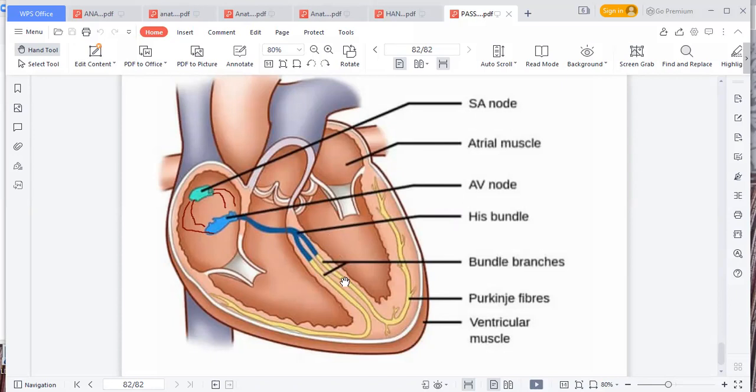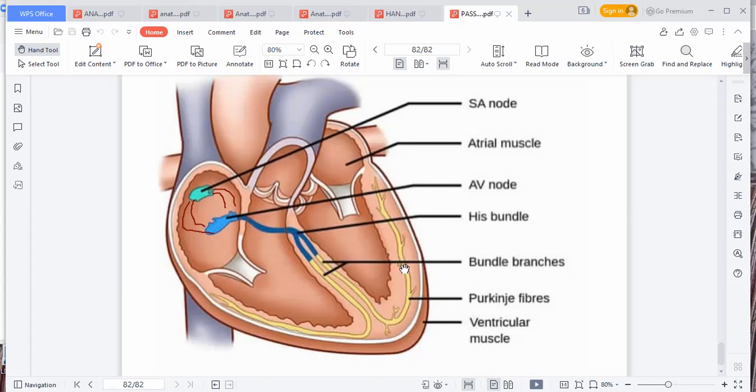Then those action potentials will move. This septum is more like a mass, so it starts contracting. From the bundle branches, they bifurcate. This one goes on the left, this one goes on the right side of the heart. And remember, the right side of the heart is thinner because it doesn't pump blood at high pressure.